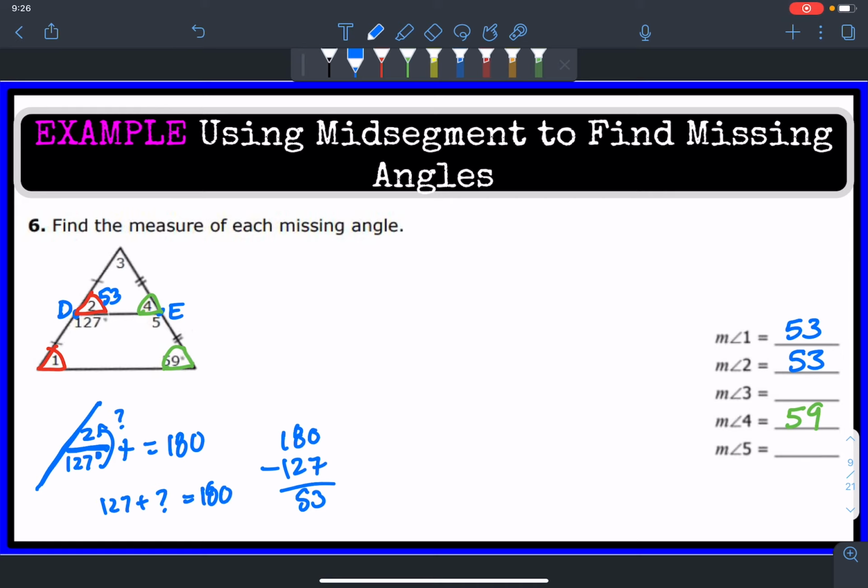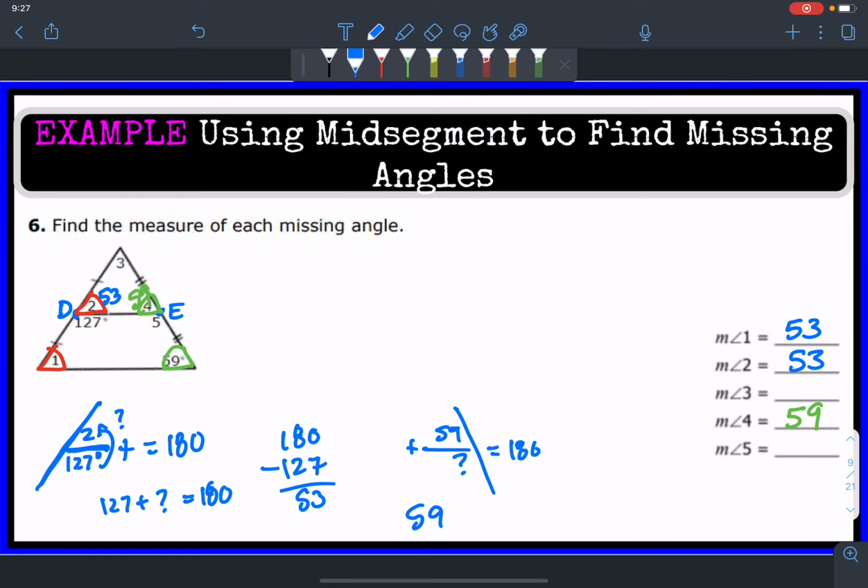Now the same thing is going to occur again on the right side. Again, we already know that this angle up here is 59. So since angle 4 and angle 5 are a linear pair, 59, and we have this angle down there, again, they add up to equal a total of 180 degrees.